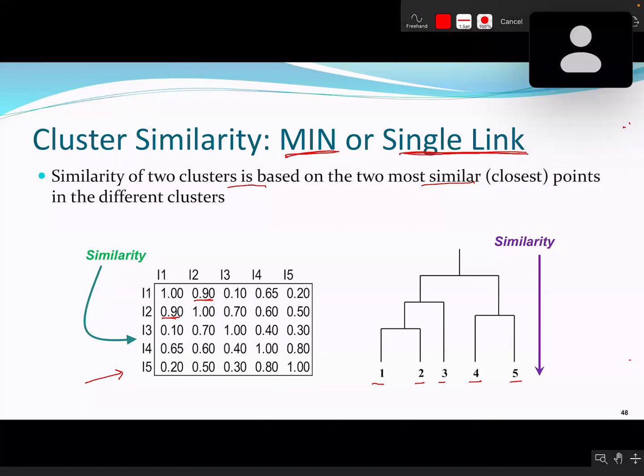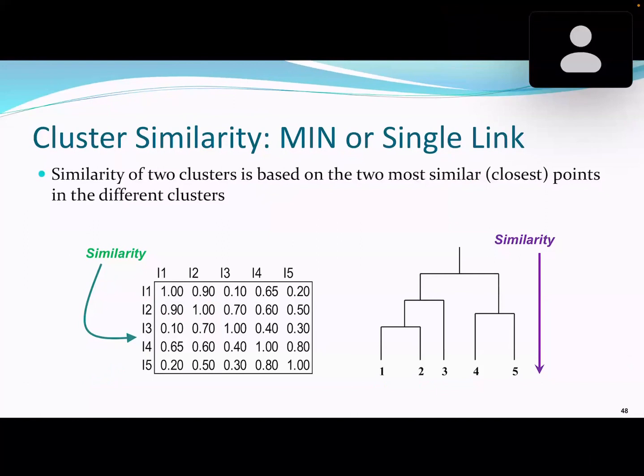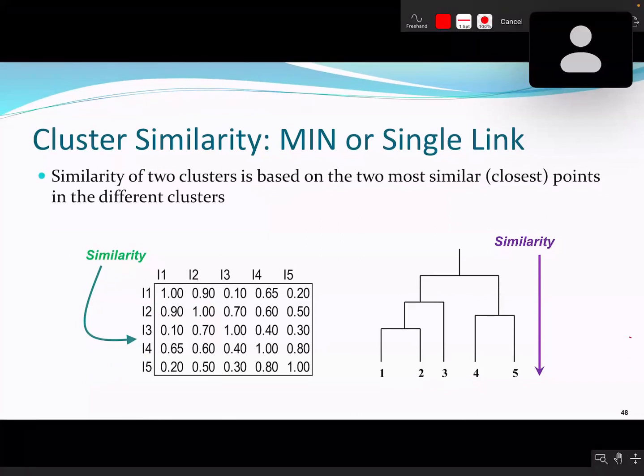It is between object 1 and object 2. So the similarity between object 1 and 2 is 0.9, the strongest similarity among all the object pairs, and therefore the first merge happens here between object 1 and object 2, at 0.9 in terms of similarity.